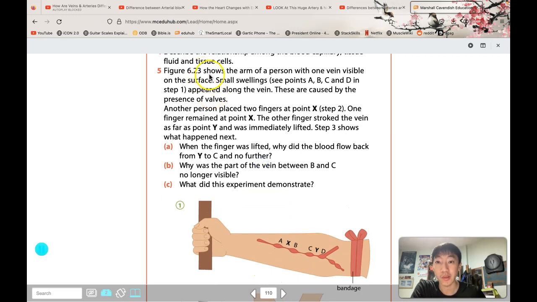Question 5 says there's an arm of a person with one vein visible on the surface. Small swellings, A, B, C, D, appear along the vein, and these are caused by the presence of valves.